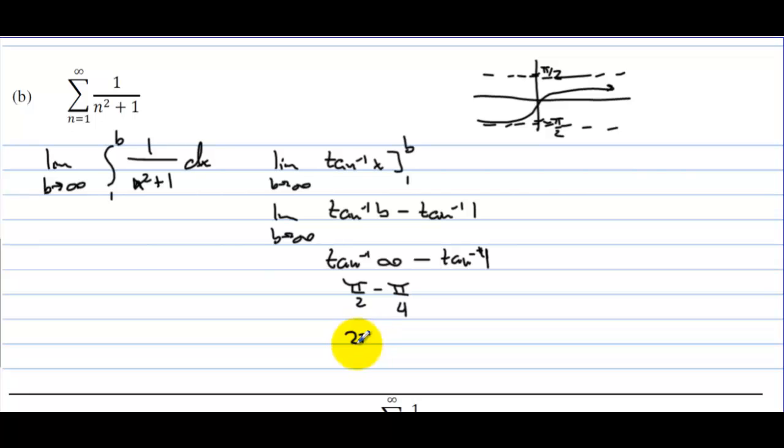We have 2 pi over 4 minus pi over 4, which is pi over 4. So the integral converges to pi over 4. So we say converges by the integral test.